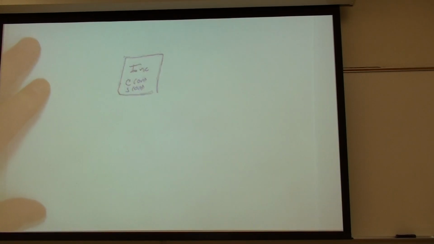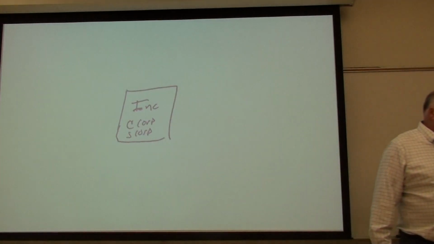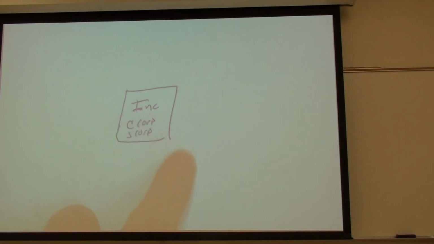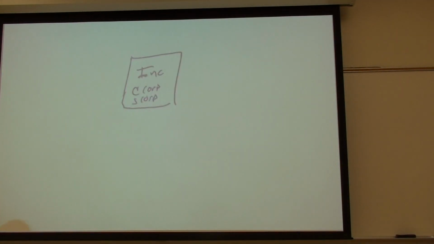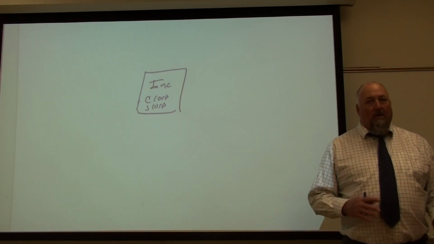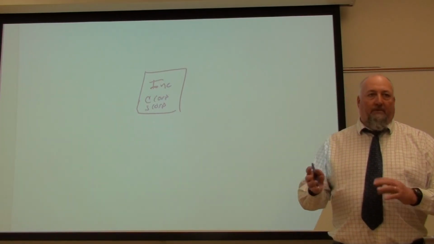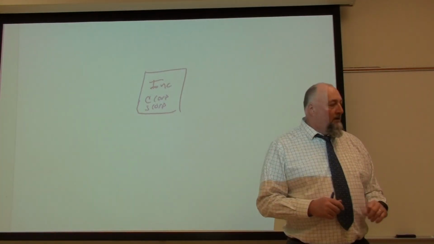For purposes of this discussion, they're basically the same thing. So we're not going to really get into the tax side of things in this discussion. So let's say we have a corporation. So this is sort of standard corporate formation. Primarily, this is what you're going to see in a small or medium-run business. It may be different in publicly traded, but we're going to focus more on the small family-run business type environment.